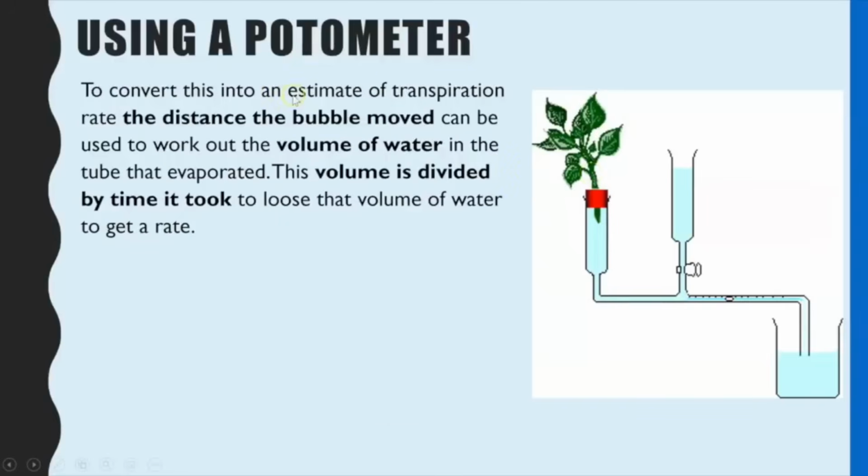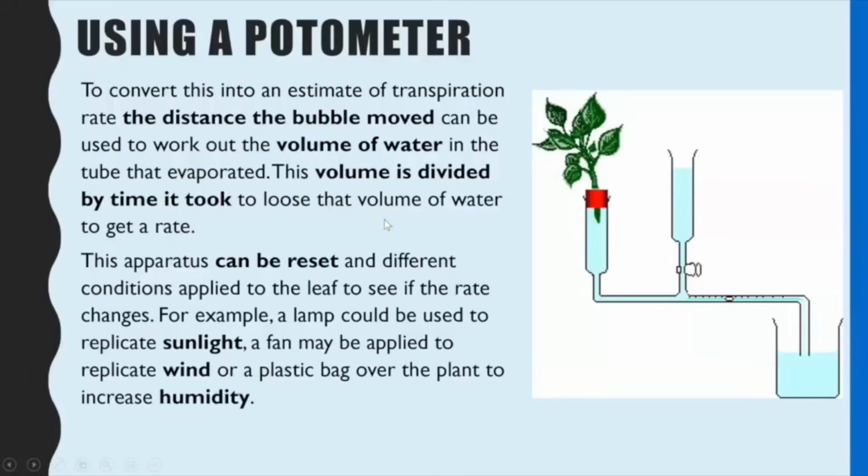To convert this into an estimate of transpiration rate, the distance the bubble has moved can be used to work out the volume of water. You would need to know the volume of a cylinder to work out the volume of water that has moved, and then you would divide that by the time it took for that water to travel.